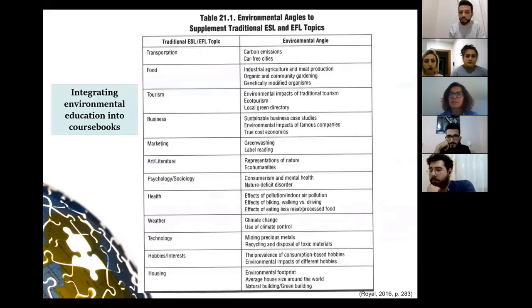So some examples are here. For example, if you're teaching transportation, you can then focus on carbon emissions or car-free cities. Sometimes in some of the streets in these cities, the use of cars is banned because they cause a lot of problems.